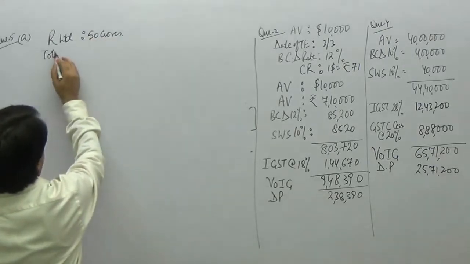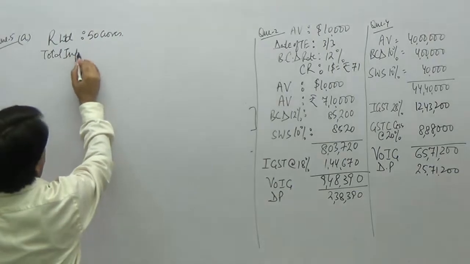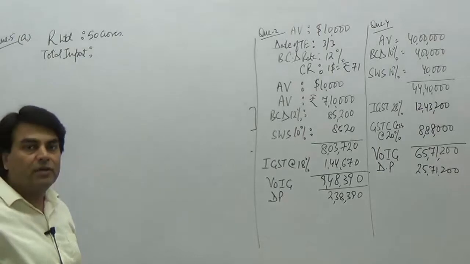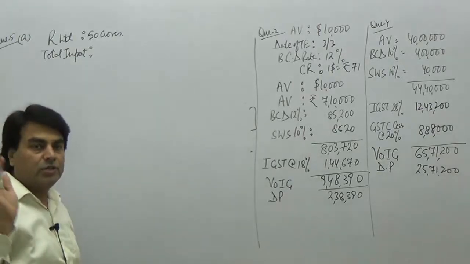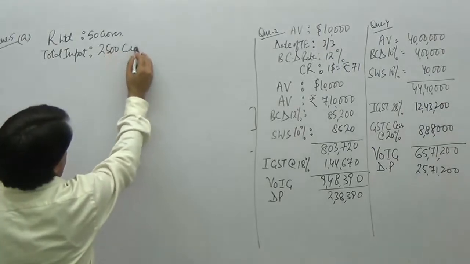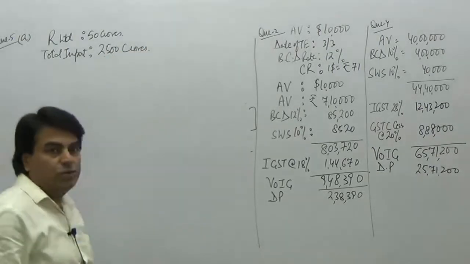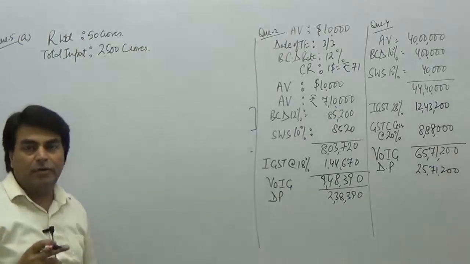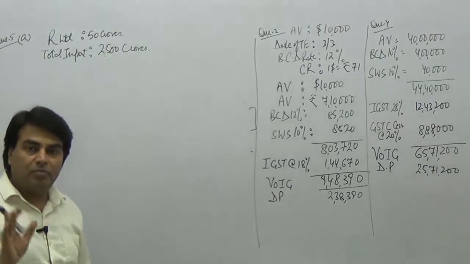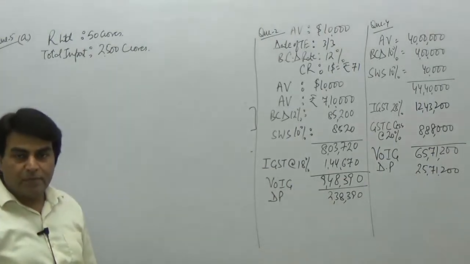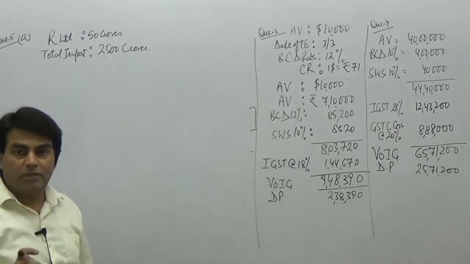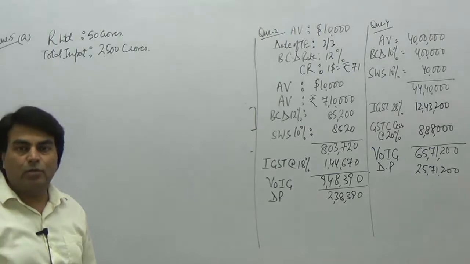Total import of such goods from all countries, developed or developing or whatever, is 2500 crores. Now we need to check whether R Limited would have to pay any safeguard duty on this or not. Because it has imported goods from a developing country, the safeguard duty would only be imposed if the import from Bangladesh exceeds 3% of the total import.